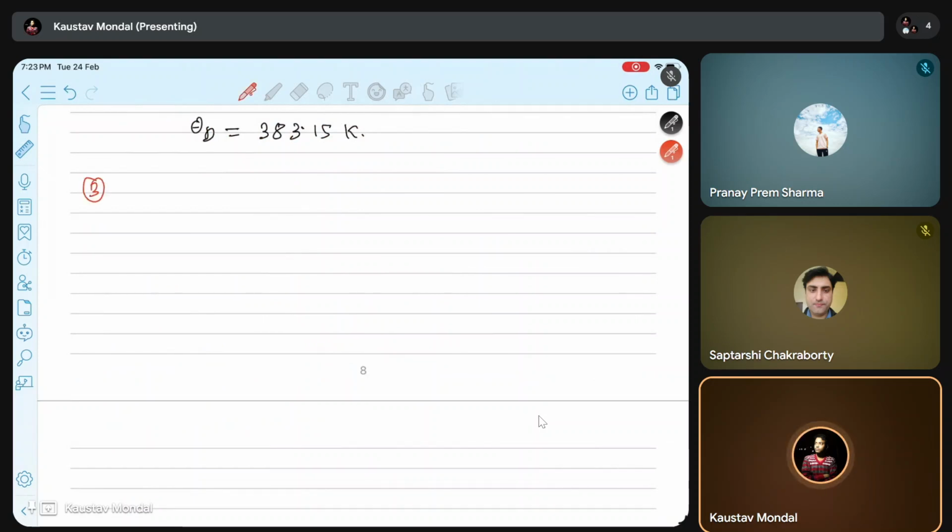Now question 3 is: find the temperature at which the Einstein frequency is 5 into 10 to the power 12 hertz.